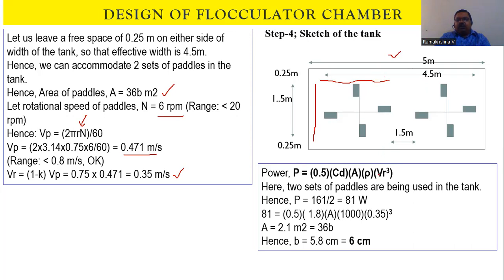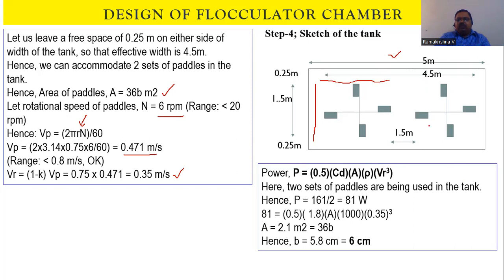Out of these 2 meters, I can keep 1.5 meters in the middle, and 0.5 meters, 0.25 and 0.25, I can keep at the edges. Or I can keep 1 meter in the middle, 0.5 and 0.5 and other than the edges also. So I'm having two sets of paddles now.